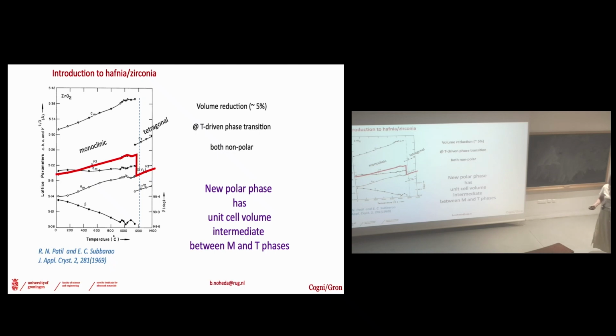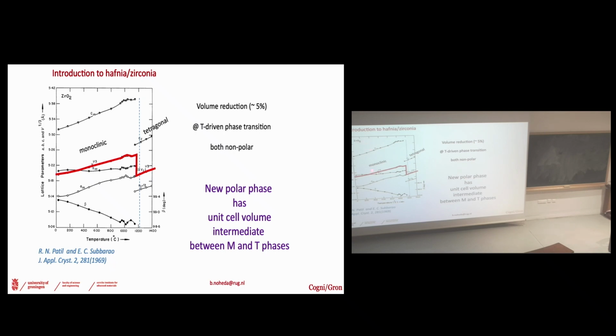So if you now look at the original structure of bulk material, in this case it's zirconia, but for hafnia, as I said, the temperatures are different, but the behavior is the same. Then you have this very old work already showing the phase transitions, the martensitic phase transition between the monoclinic phase and the tetragonal phase.